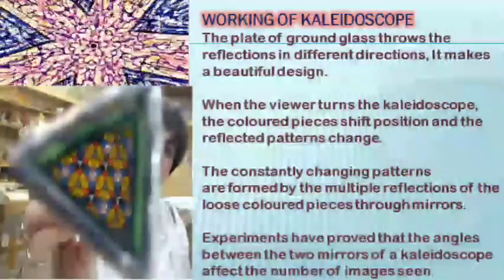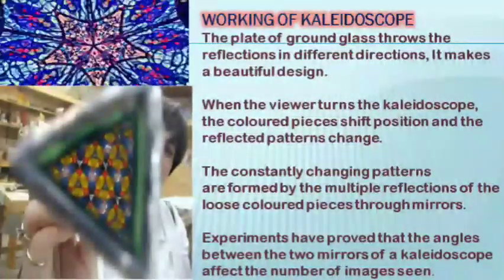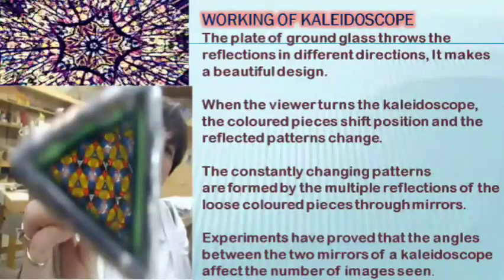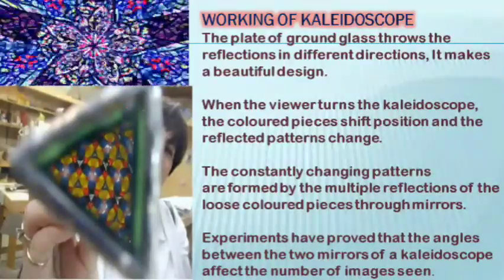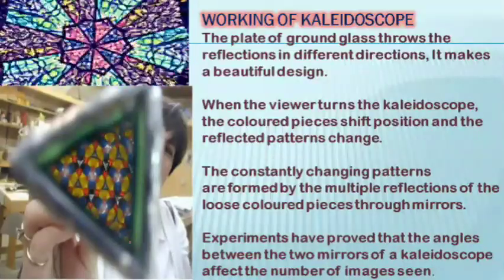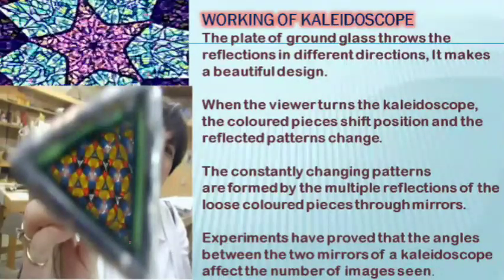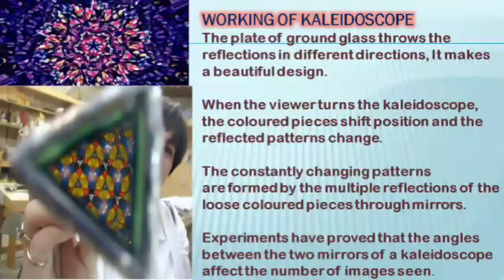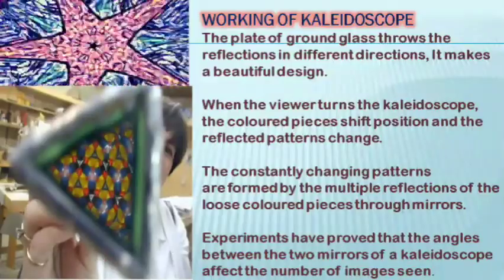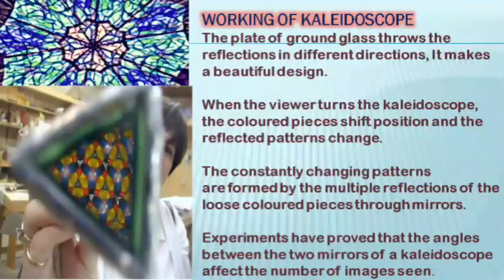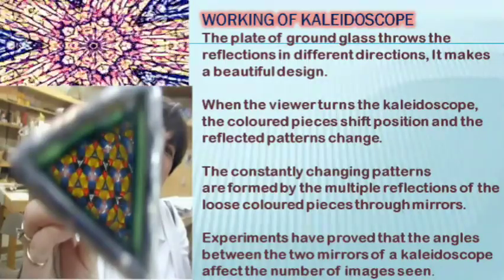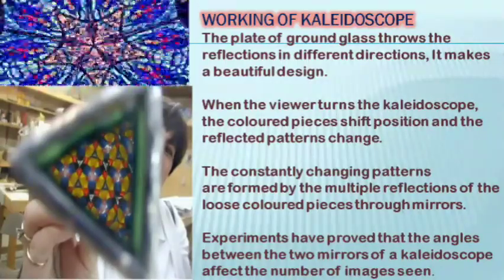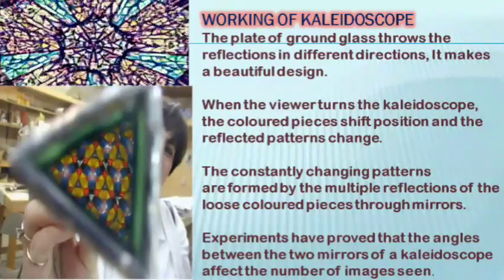So how does it work? The plate of ground glass, for example, this is ground glass. Ground glass means it is rubbed with some strong thing like sandpaper, and we make it not so clear. So what happens through this? The light is reflected, and in that there are beads and colorful pieces present.